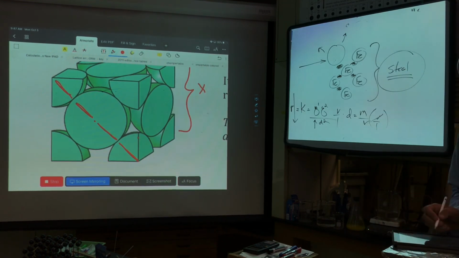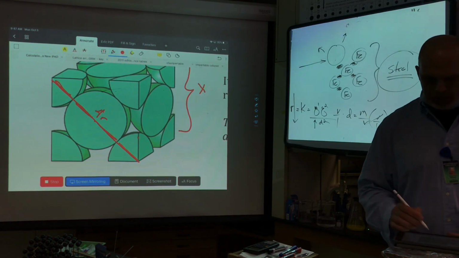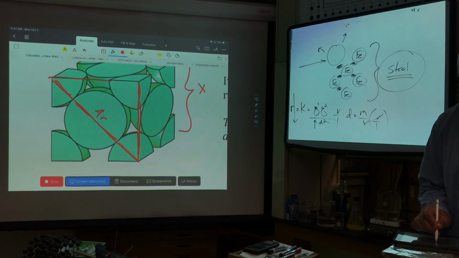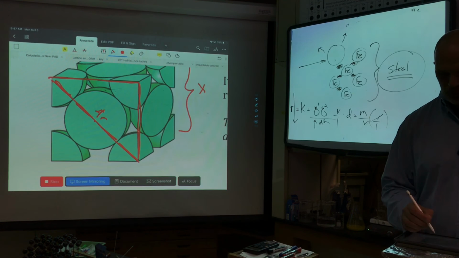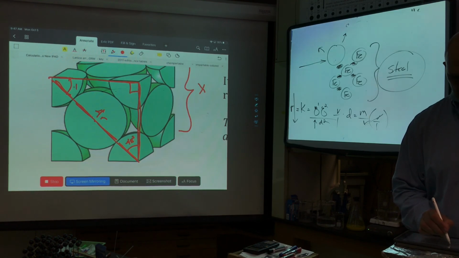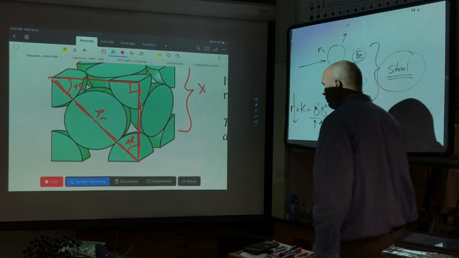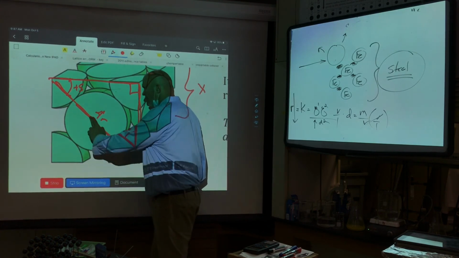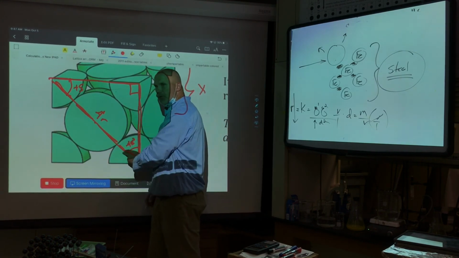This entire length here is 4r, 4 times the radius. And then if you make this dimension here, you can see we got a right triangle, and we have a 45-degree angle, and a 45-degree angle. By knowing the atomic radius, times 4, I've got my hypotenuse.